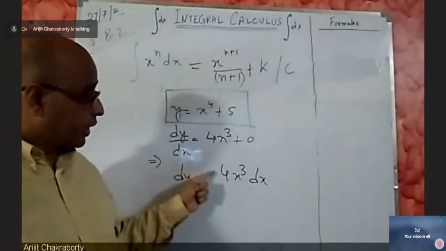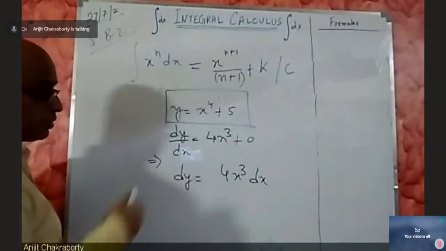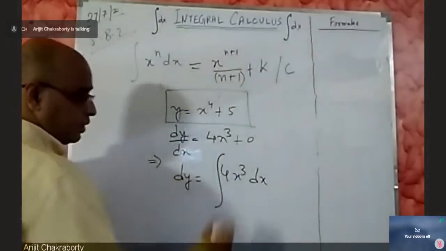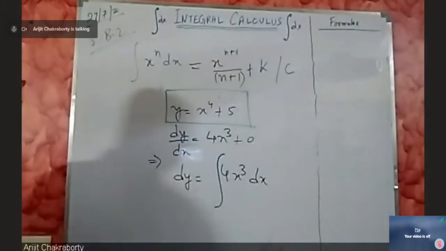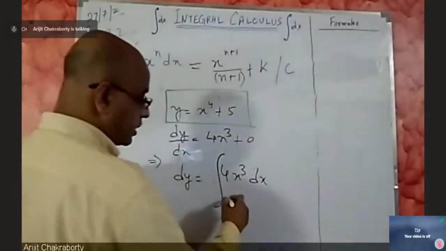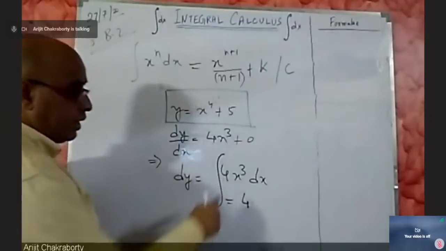Now if I ask you to integrate the right hand side, what will happen? If I ask you to integrate 4x cubed dx, then your natural answer will be: 4 comes outside, x cubed.